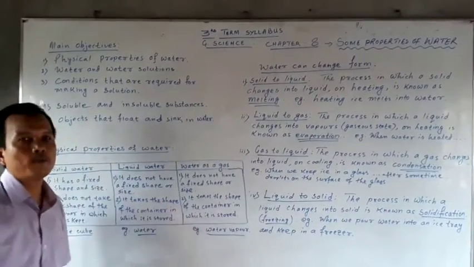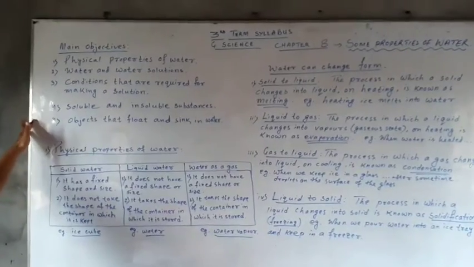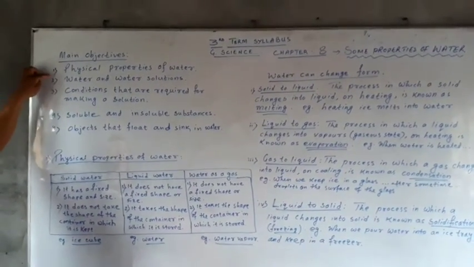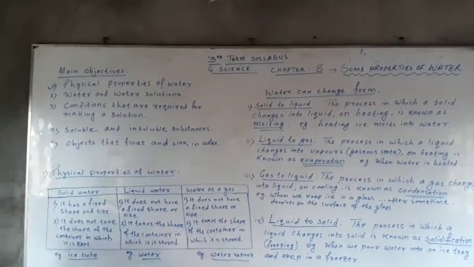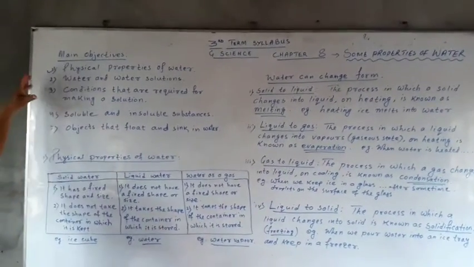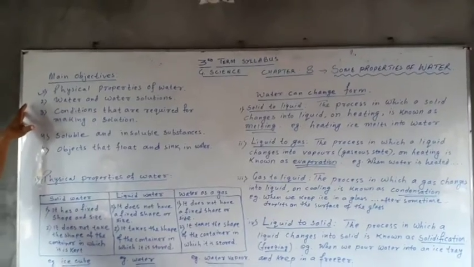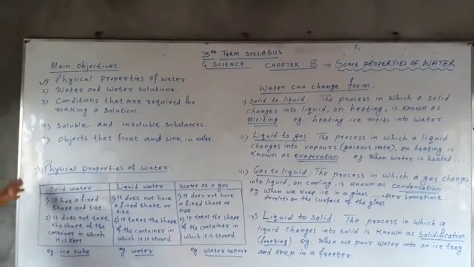Now, coming to the point of this chapter, let us talk first about physical properties of water. When we say physical, it is broadly categorized into 3 parts.